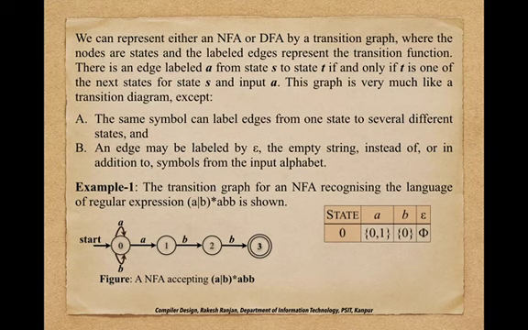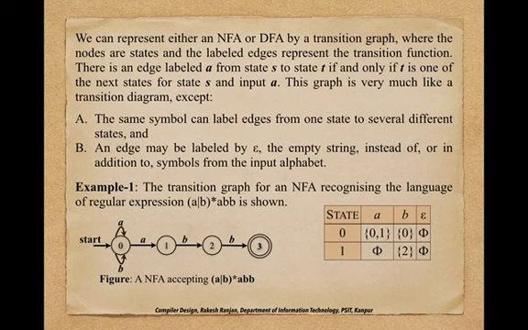If we are at state 0 and the input is A, we can reach state 0 or state 1, so it is written there as {0,1}. If the input is B on state 0, then it remains on 0, and if there is no change, then it went to 5.